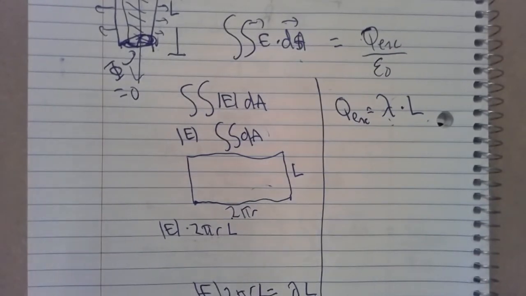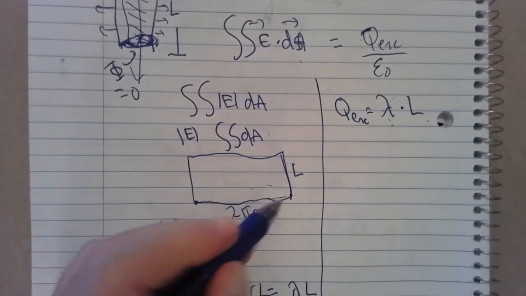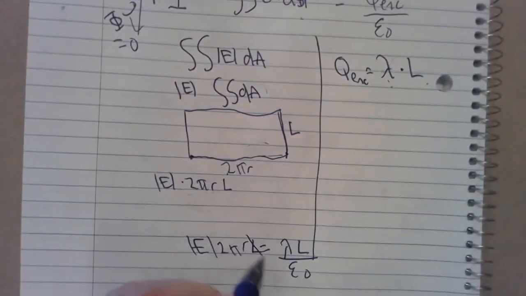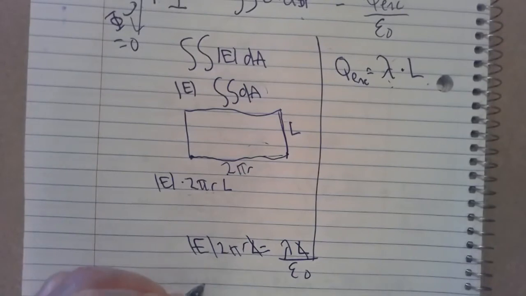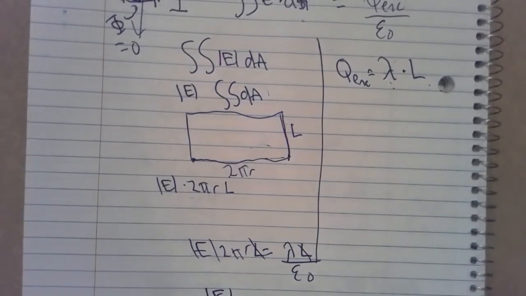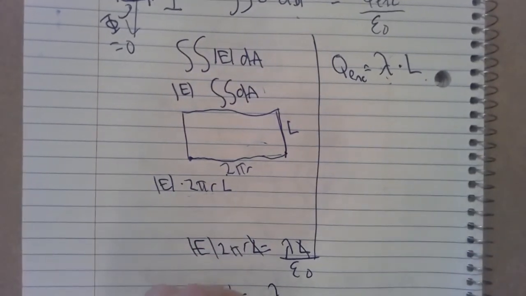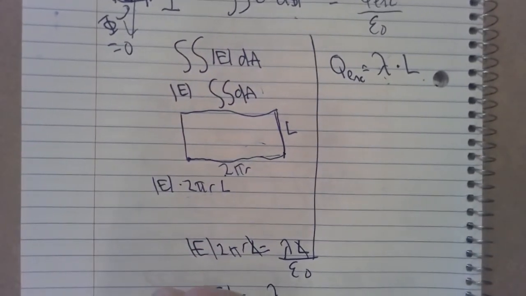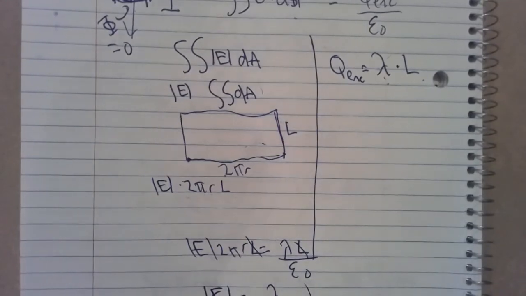That was area, length times width. Hey, look, the L cancels. I wanted the magnitude of E. We know the direction already. It points radially out. The magnitude will be lambda over 2 pi r epsilon naught.